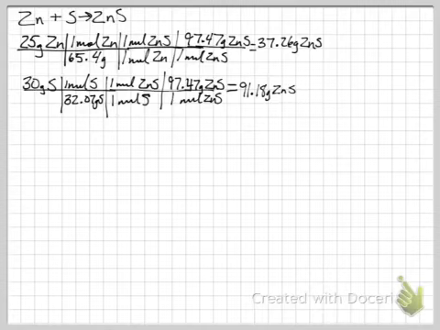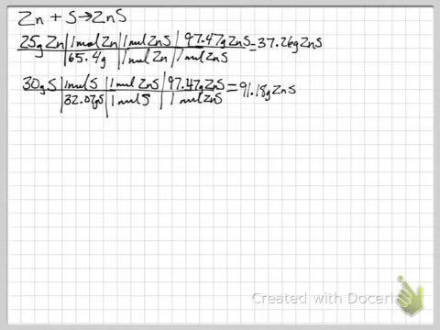So the clear winner in this case, what's going to limit my production or stop the reaction, is when I run out of zinc. The next step asks me how much zinc sulfide will be produced. Since we determined that zinc is our limiting reactant, we look at the number of grams of zinc sulfide it will produce, which in this case is 37.26 grams.